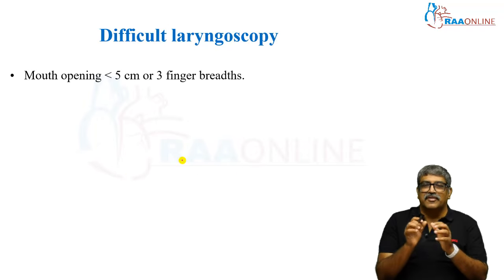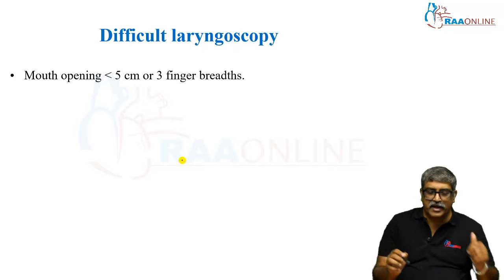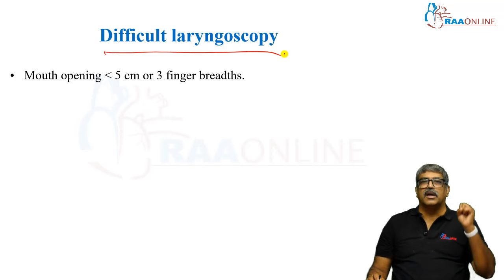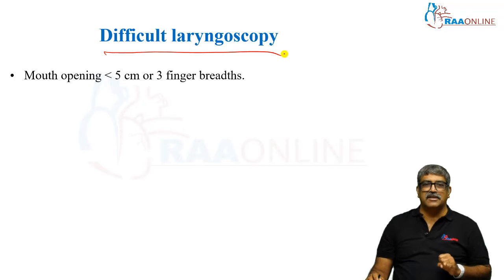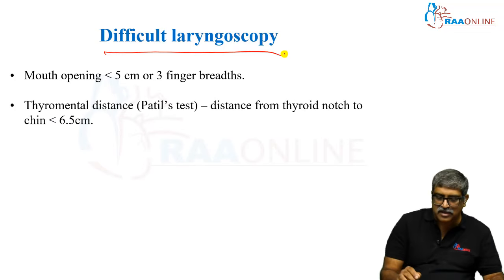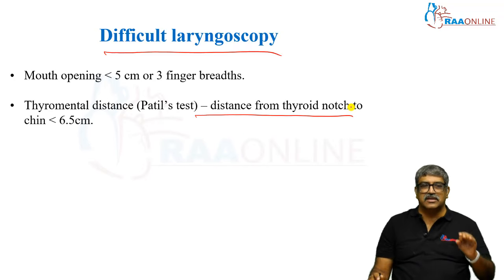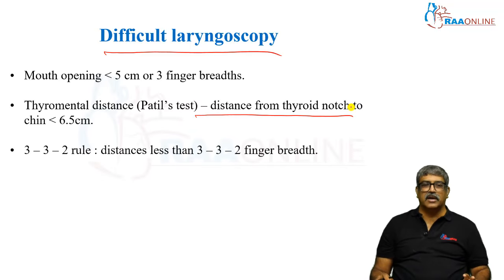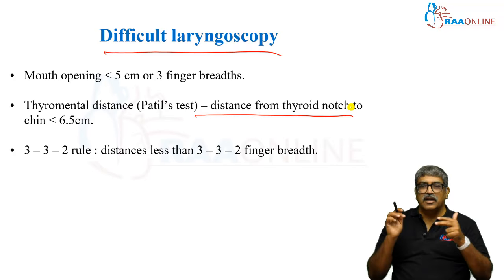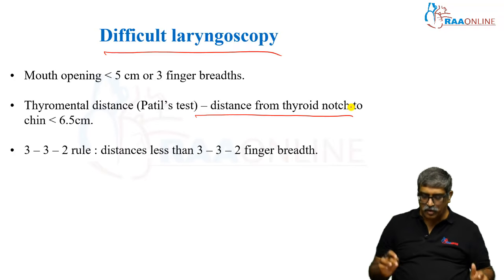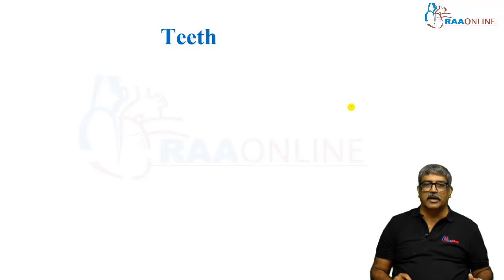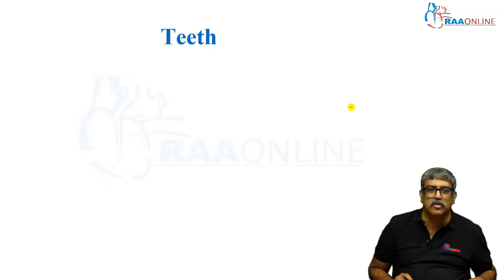So with these 3 parameters, how will you predict difficult laryngoscopy? Mouth opening less than 5 cm or 3 fingers depth, a distance from thyroid notch to chin less than 6.5 cm, and with the 3-3-2 rule, a distance less than 3-3-2 finger breadth, also going to predict difficult laryngoscopy.